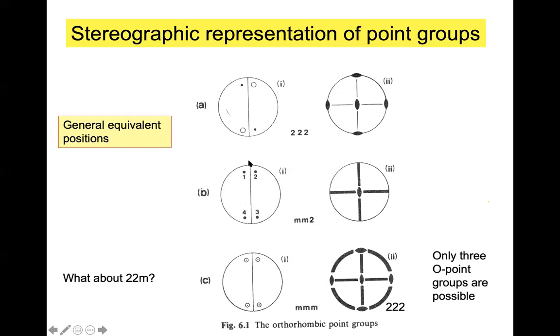If I do this mirror plane like this, it is not generating anything new. So 2 symmetry operations are enough to generate the 4 equivalent positions. But for convention, we have 3 symmetry elements here. So 2 and M are enough to generate the 4 equivalent positions. For convention, we have this.